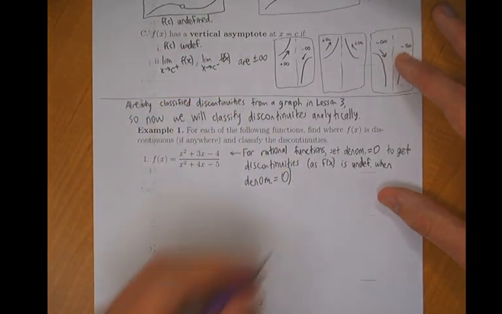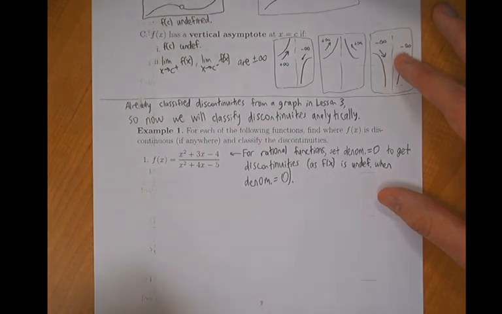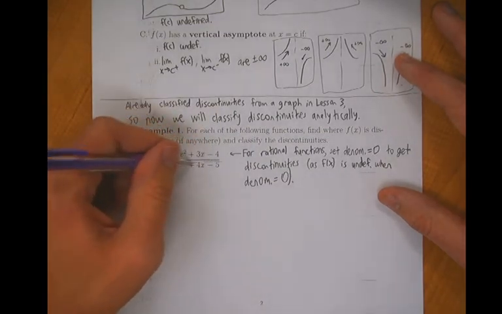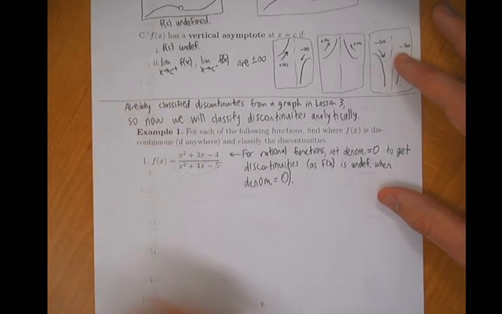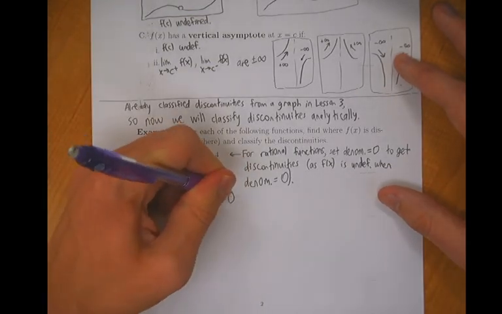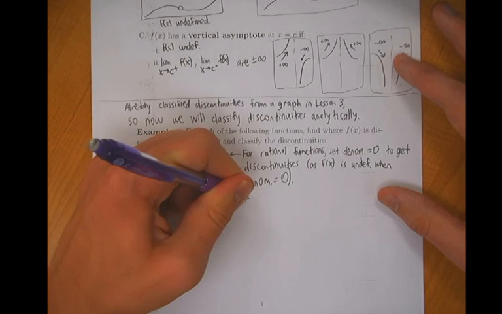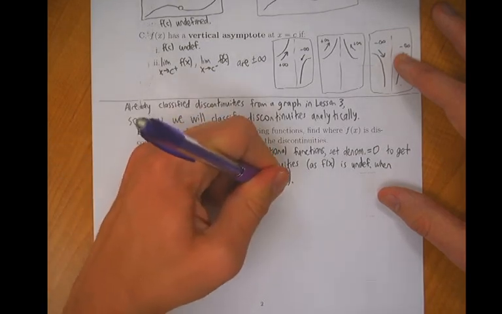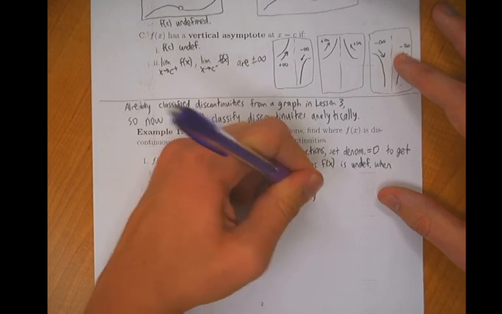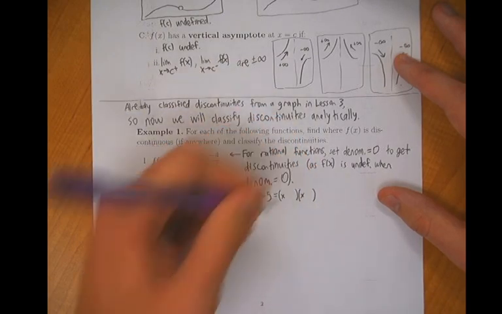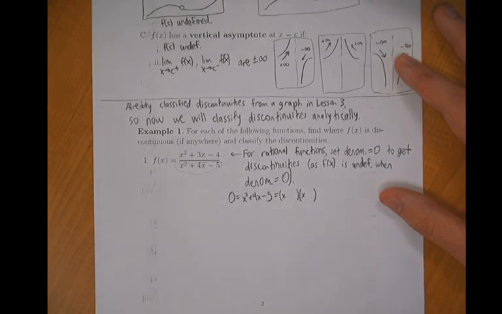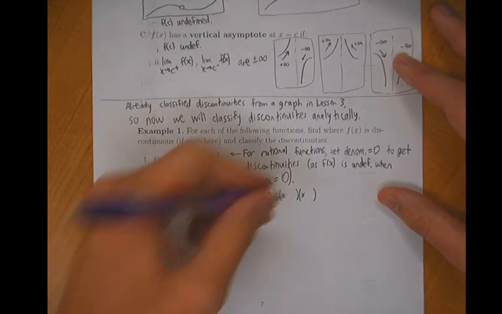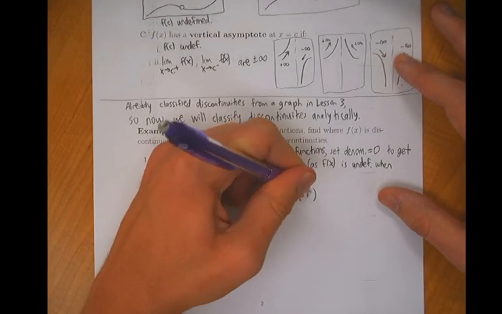Okay? So let's go ahead and take our denominator and set it equal to 0 to get our x values at which there are discontinuities. So we have x squared plus 4x minus 5. If we factor that, we end up with what two things? x minus 1 and x plus 5. Minus 1 and plus 5. Good.